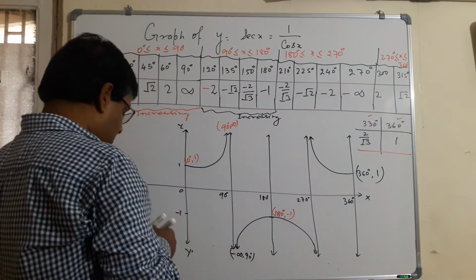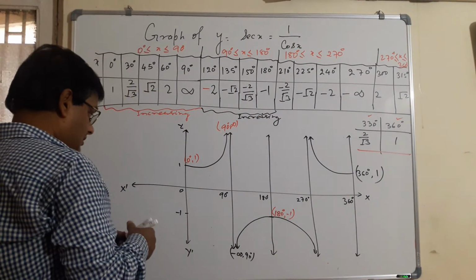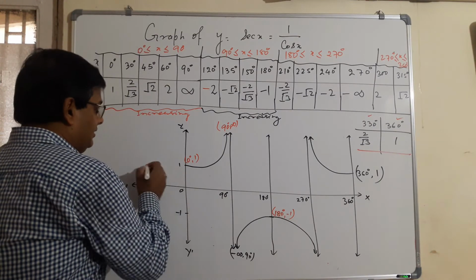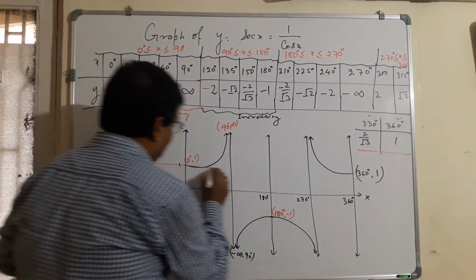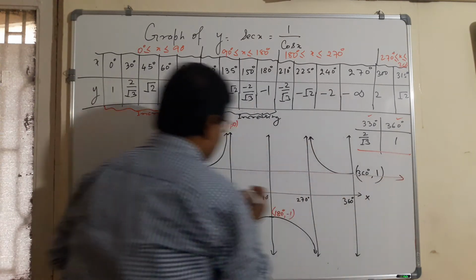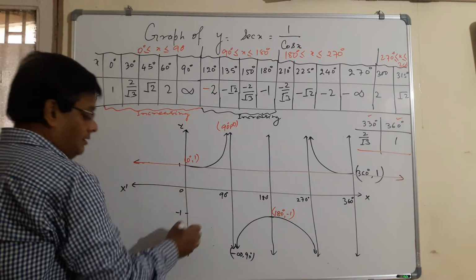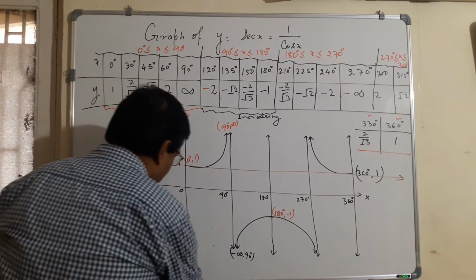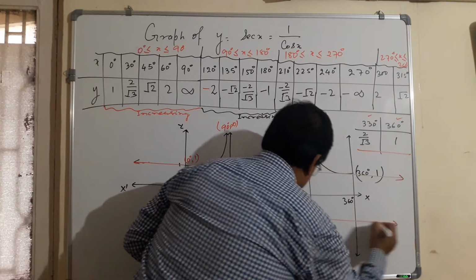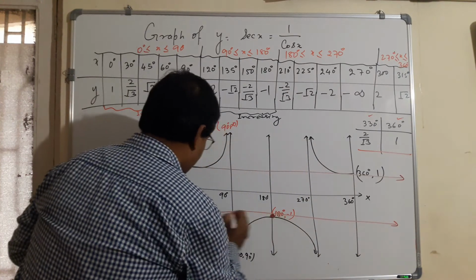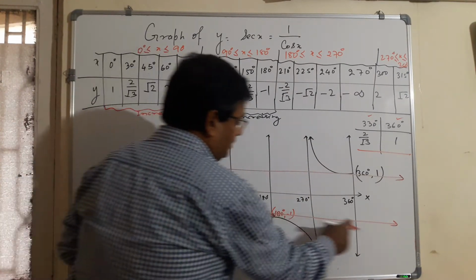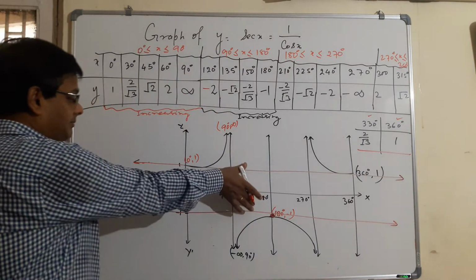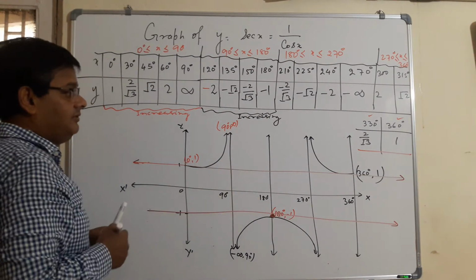So see here, there is no graph between minus 1 to 1. In between there is no graph.